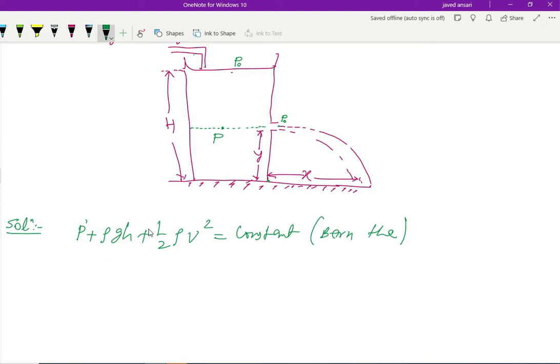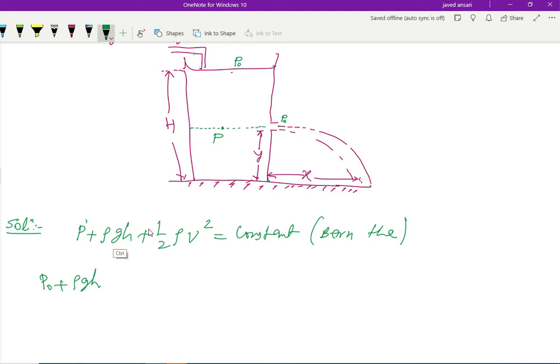What you will get here is the pressure P naught, the atmospheric pressure, plus rho gh. What is h? h is this distance, capital H minus small y.